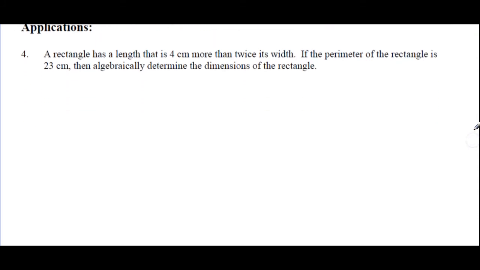A rectangle has a length that is 4 centimeters more than twice its width. Okay, so here's a rectangle. And this is the length. This is the width.